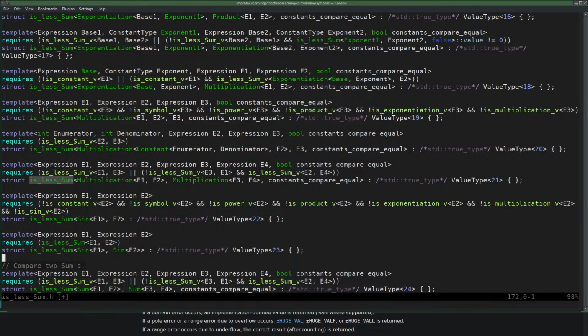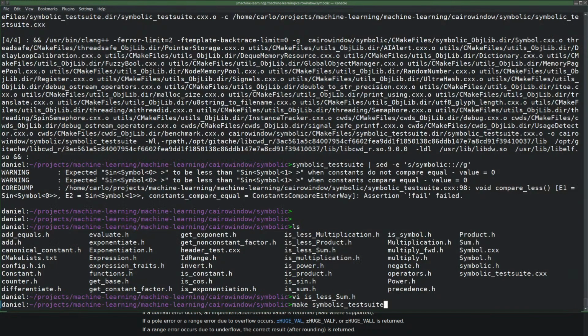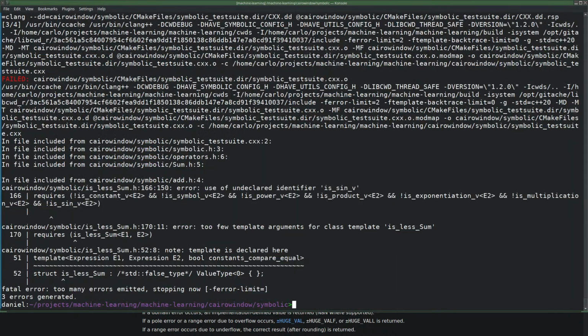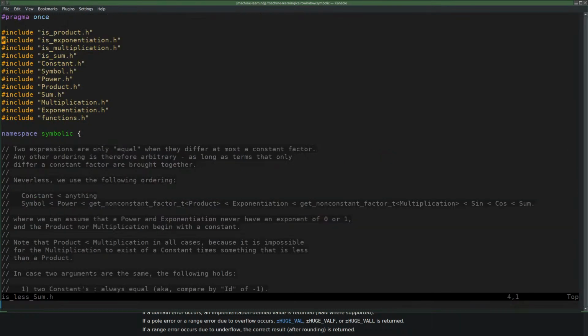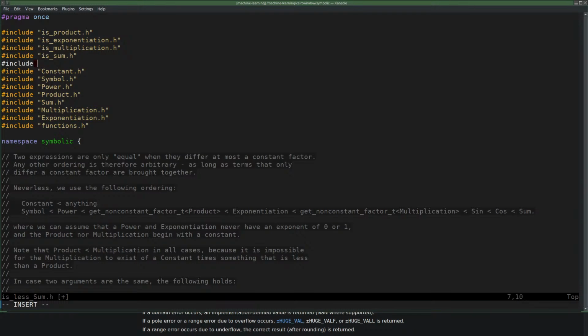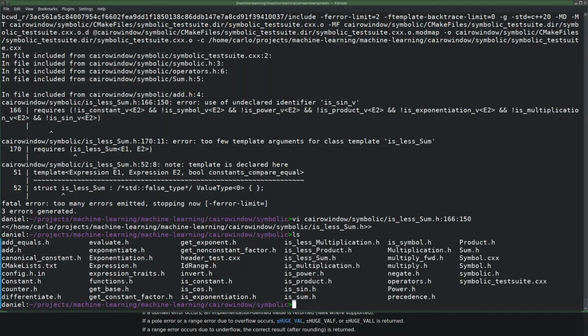See what trivial. Make. His sine v is not defined. Do I even have that? Is cos, is sine. Yeah.